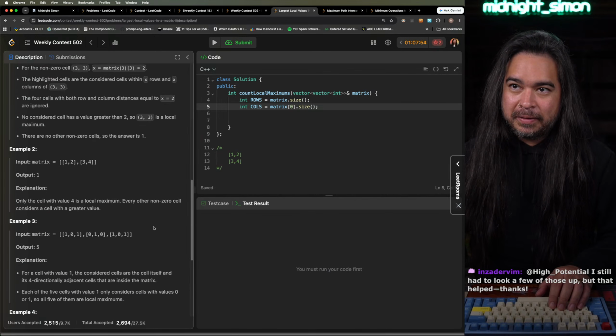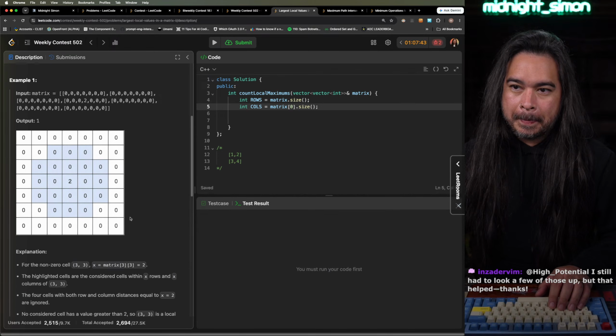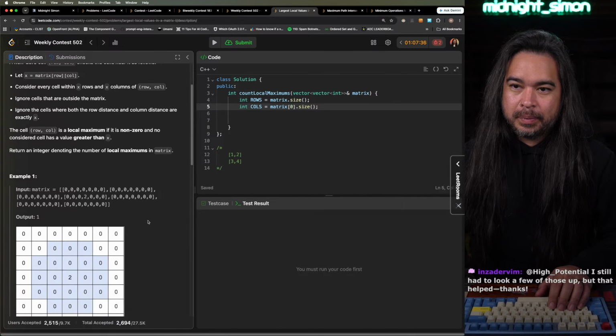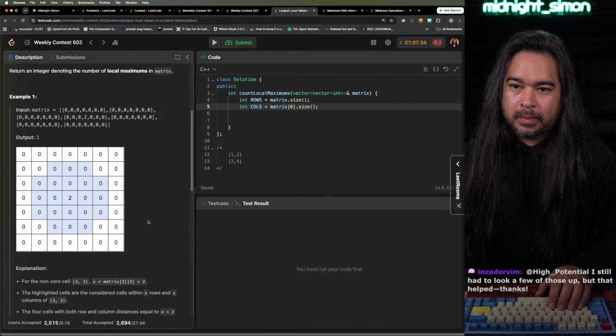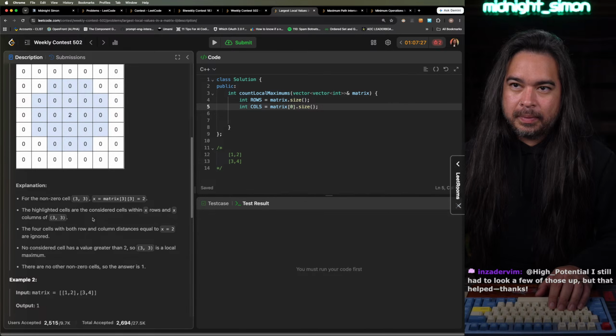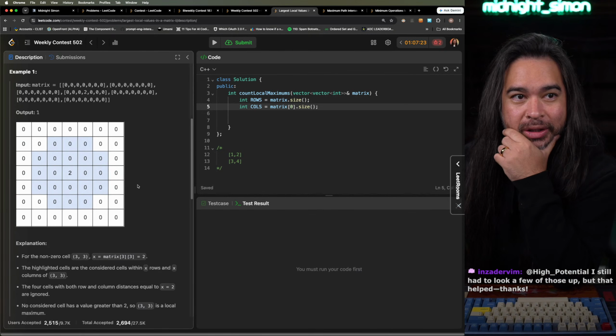I think I have to figure out a way to efficiently check the radius without brute forcing and checking every single cell. But I don't know how to do that. I don't know. I don't have any great ideas in my head right now.